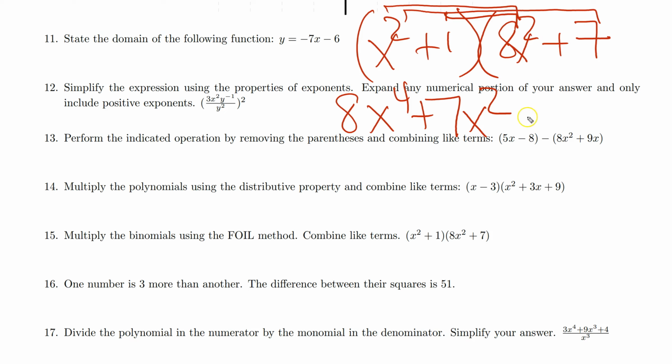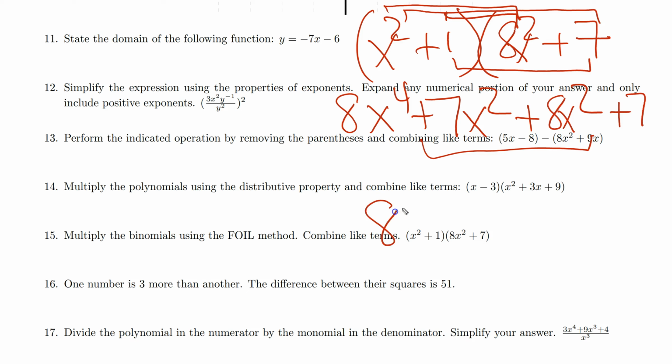Our inners plus 8x squared, and then our last plus 7. And then usually our middle terms are like terms that we group together. 8x to the fourth plus 15x squared plus 7.